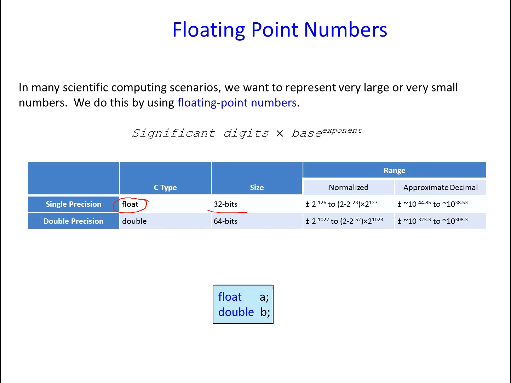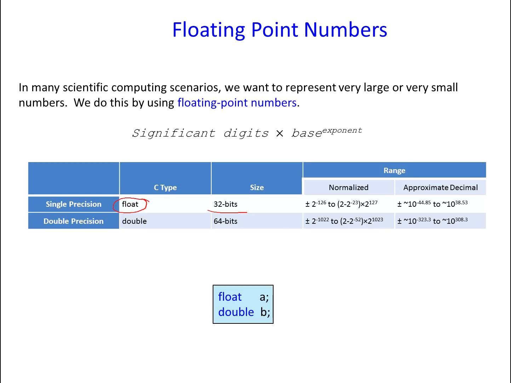So for a float, which is single precision floating point, we can represent numbers plus and minus 2 to the minus 126 all the way up to 2 to the 127th power. The approximate decimal representation would be 10 to the minus 44 all the way up to 10 to the 38. That's the number range we can represent.